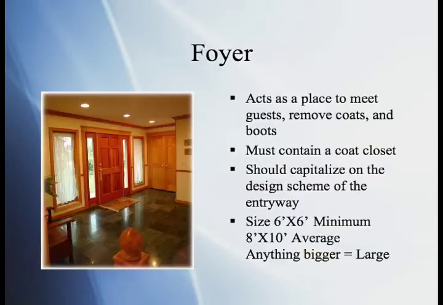Inside of the entryway, you should have a foyer. A foyer acts as a place to meet guests, remove coats, and boots. Each foyer must contain a coat closet. The minimum size for a functional foyer is a 6-foot by 6-foot room.